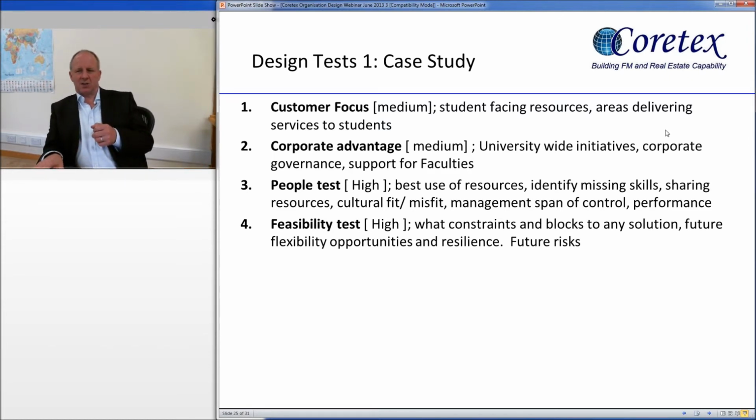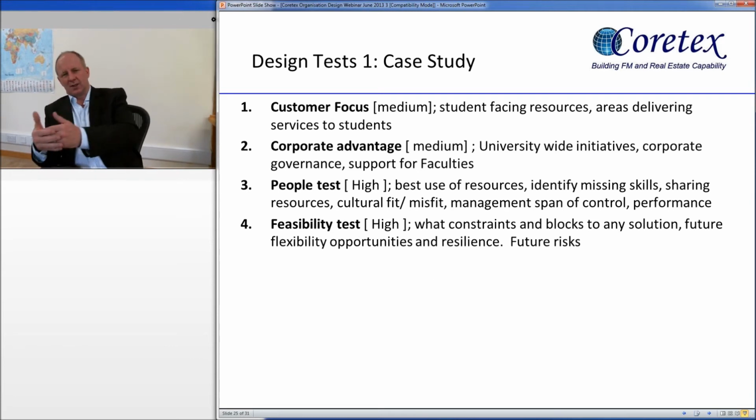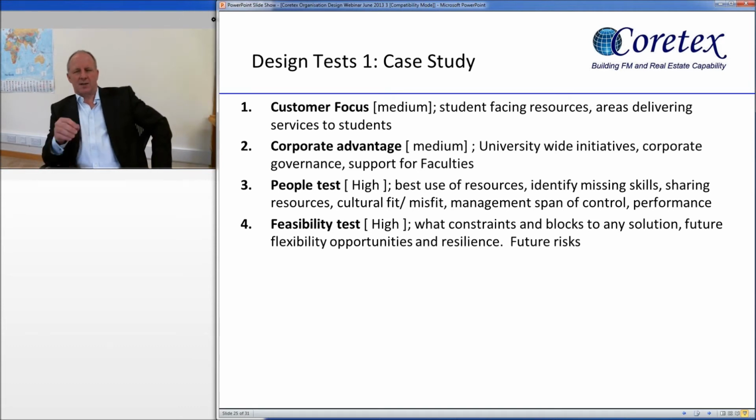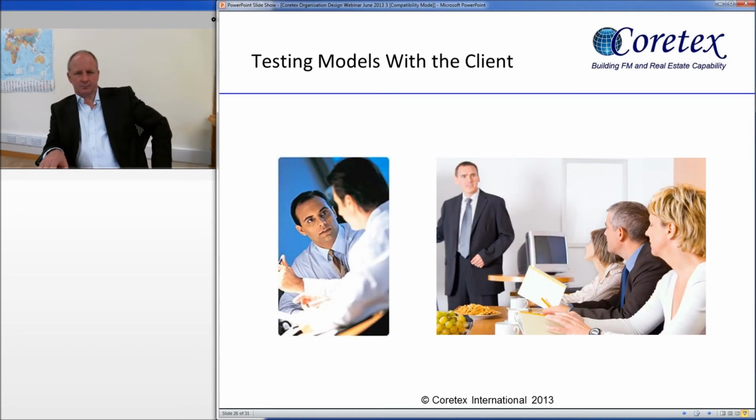And identifying things like missing skills, where they may not be in-house at the moment. Should they bring them in? Should they procure them from somewhere else? And also at the end, trying to identify whether the design is actually feasible, whether you can go from where you are now to the next stage without completely breaking the organization. And in most cases, that's simply a case of coming up with a rational structure in the change plan.